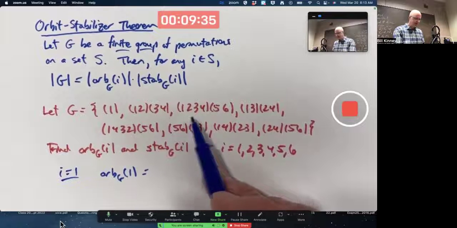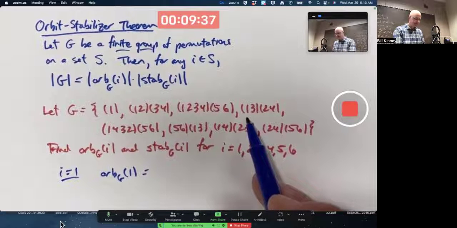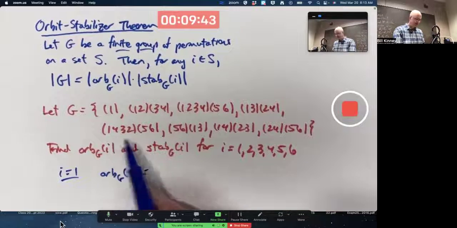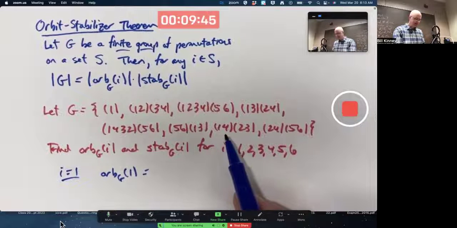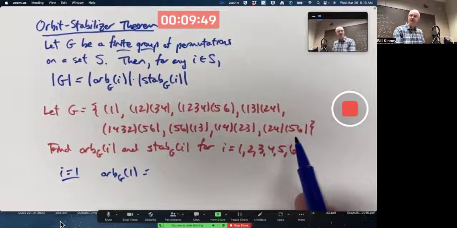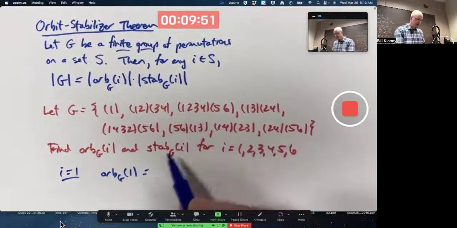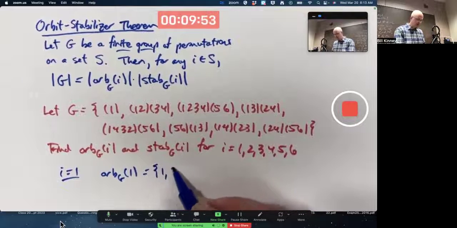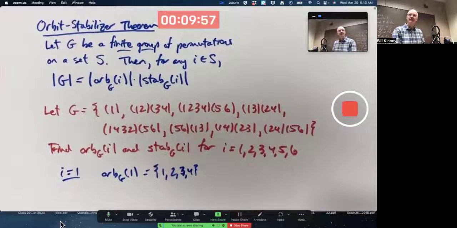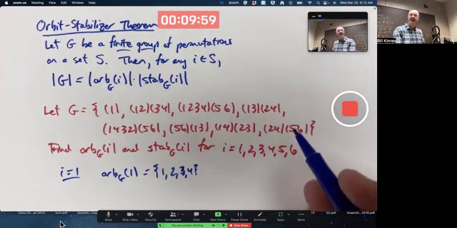This one maps it to 2. This one maps it to 3. So far we have 1, 2, and 3. This one maps it to 4. That maps it to 3, back to 4. And this one maps it to itself. So it looks like the orbit of 1 is 1, 2, 3, 4. Those are the different things that 1 can get mapped to under these permutations, not 5 or 6.